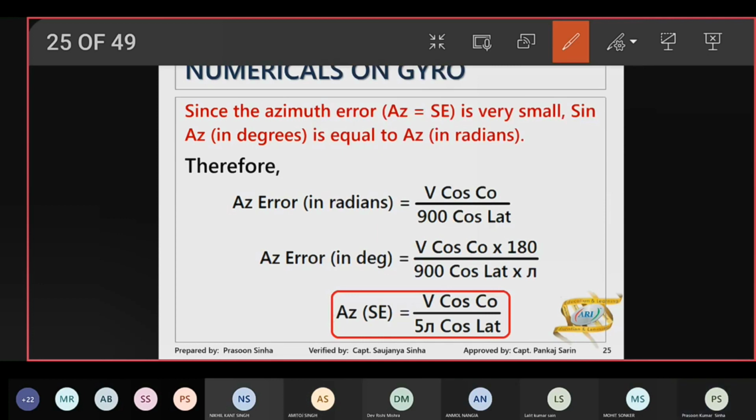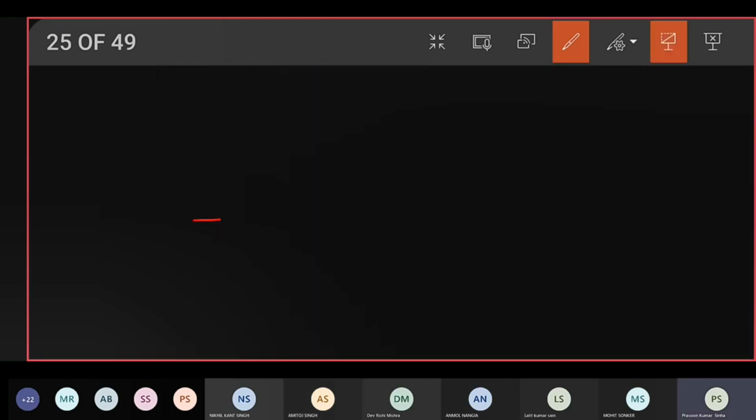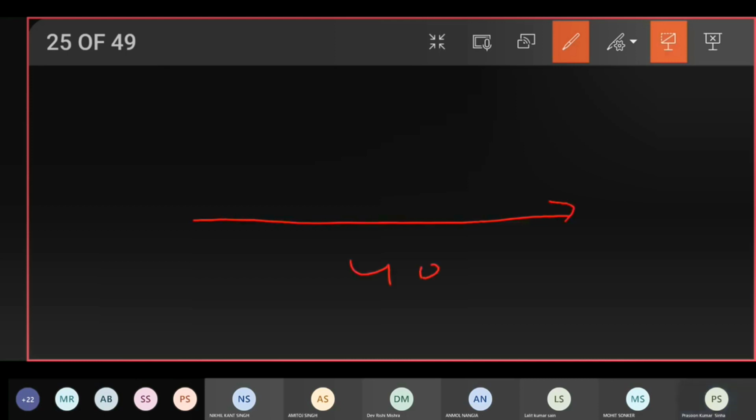So we can have the value of steaming error directly by using this formula as well. But big disclaimer, this is holding good for latitudes up to 60-65 degrees only. 65 डिग्रीज के लैटिट्यूड तक तो ही हम अप्लाई कर सकते हैं इसको, बट उसके बाद 900 cos lat की वैल्यूज जो है वो कम होने लगती है विथ रेस्पेक्ट टू शिप्स मोशन. अगर हम लोअर लैटिट्यूड्स में है तो 900 cos lat इतना होगा और शिप का वैल्यू इतना होगा. बट एज वी गो अप इन द लैटिट्यूड, the 900 cos lat will become this and the ship will become this.